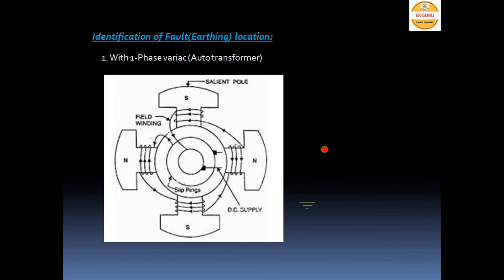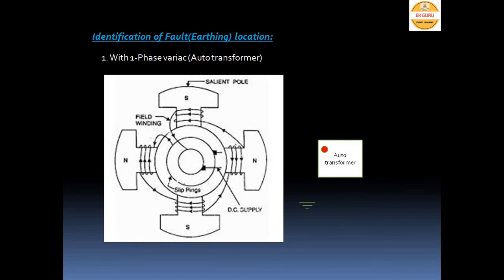This is the winding diagram of a salient pole rotor. For simplification, I am taking a 4-pole generator only, but depending upon the speed, the number of poles varies from 2 to 30.